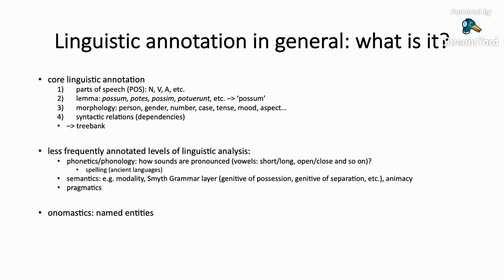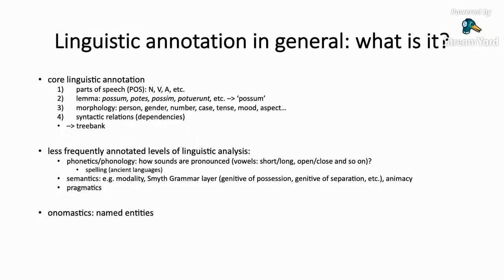What is linguistic annotation from a general point of view, independently from a specific language? I would say that there is a core linguistic annotation, and we find here the annotation of parts of speech, you already know what this is.